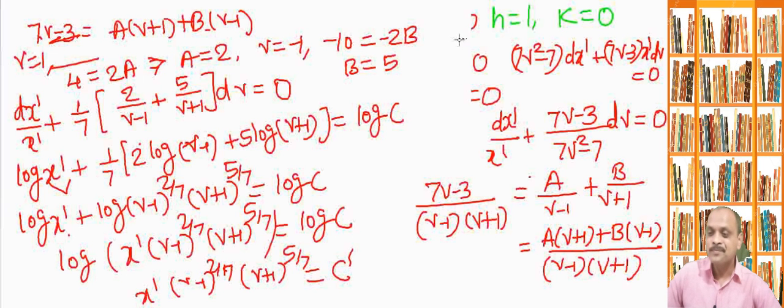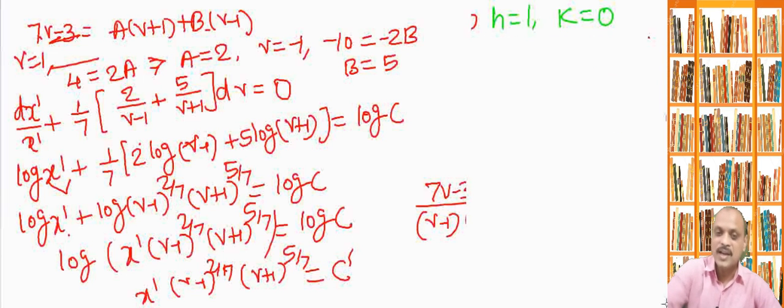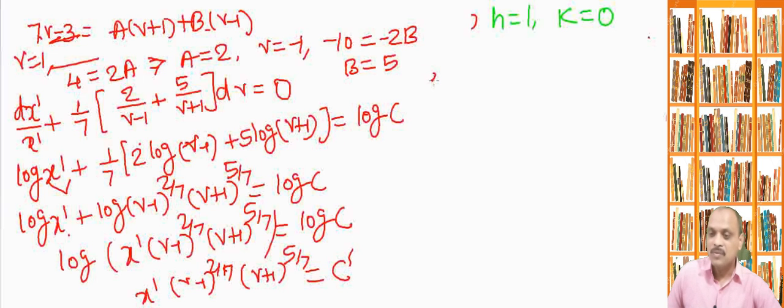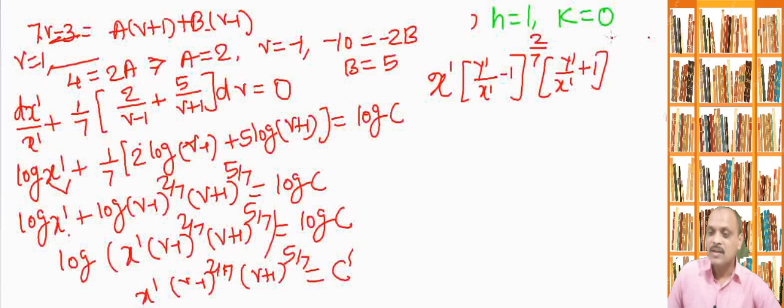Now let us put the value of v. What is the value of v? y'/x'. So x'(y'/x' − 1)^(2/7)(y'/x' + 1)^(5/7) equal to C. What is x'? x' equals x + h, x + 1, and y' equals y + k, y.